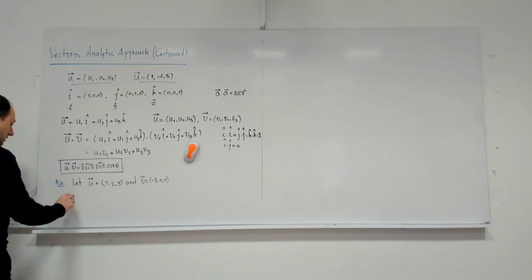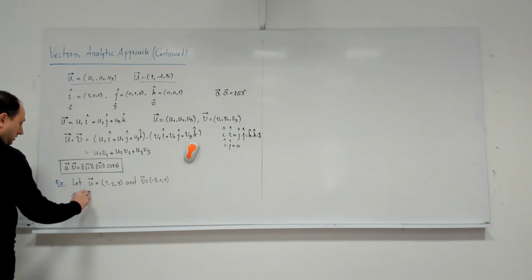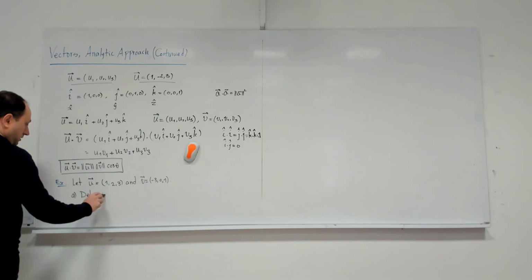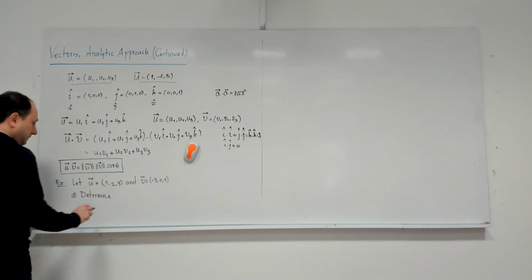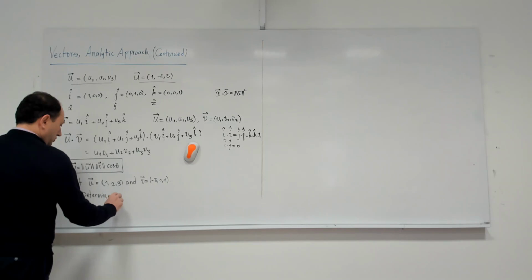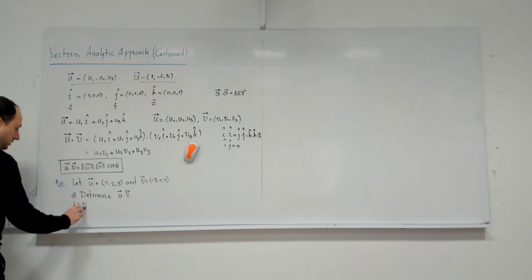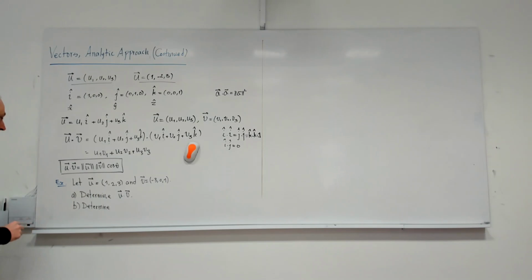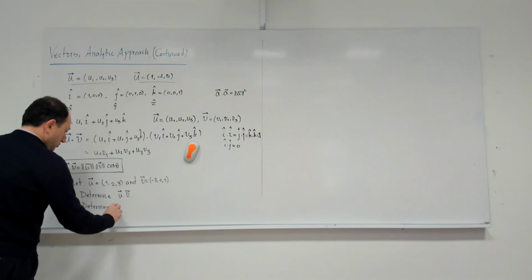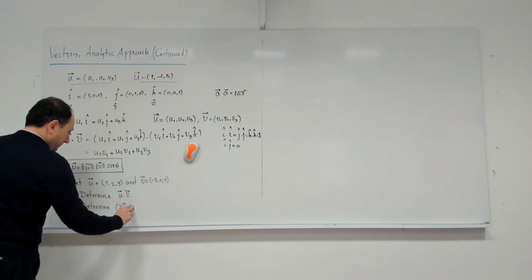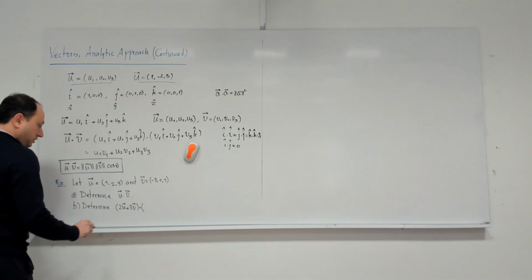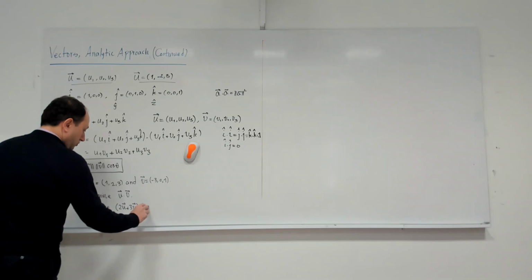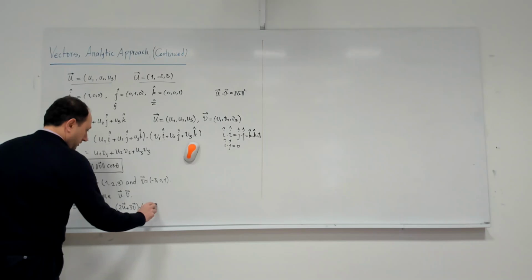Part A, determine u dot v. Part B, determine (2u + 3v) dot (-u + v).